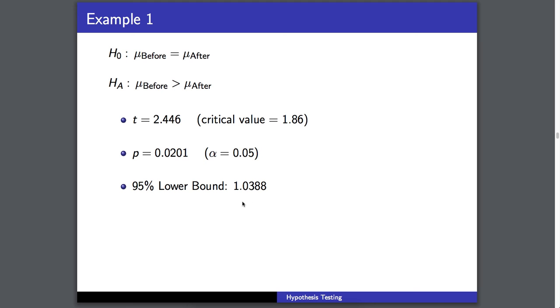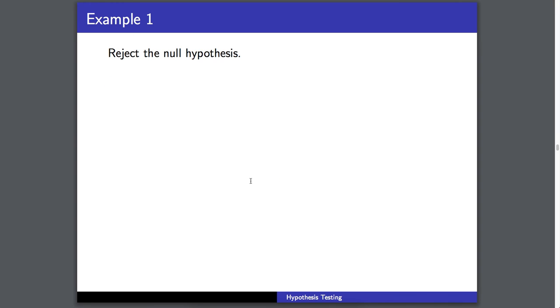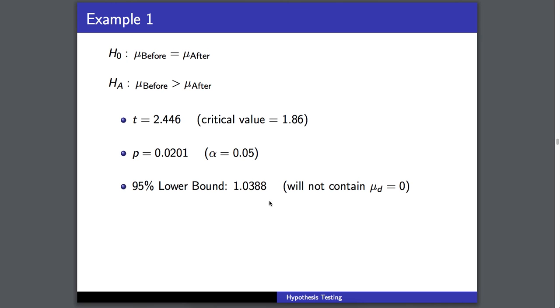the hypothesized difference of 0. So all three of these approaches, the test statistic critical value approach, the p-value approach, and constructing a confidence interval, all lead to the same conclusion: to reject the null hypothesis. And again, we can see that the confidence interval will not contain the hypothesized difference of 0.